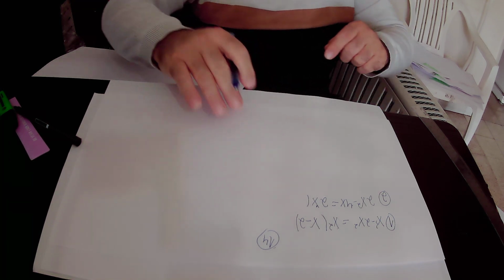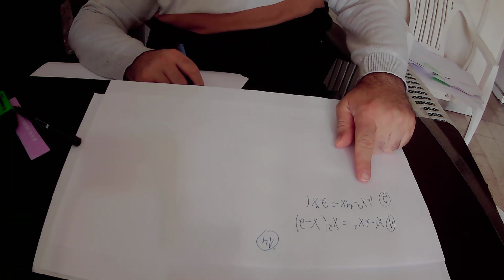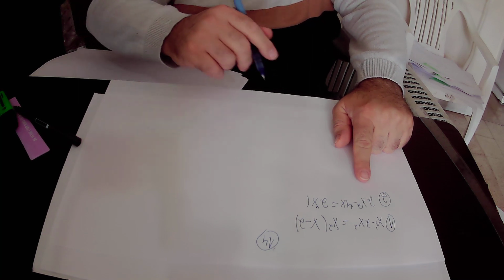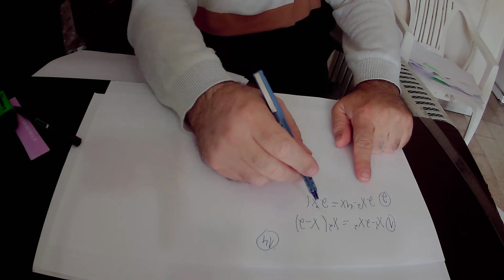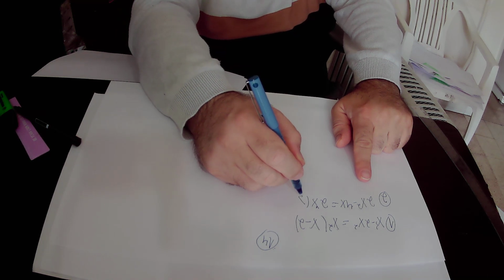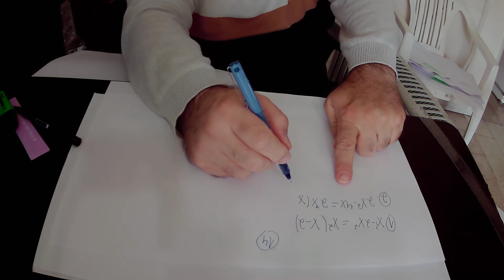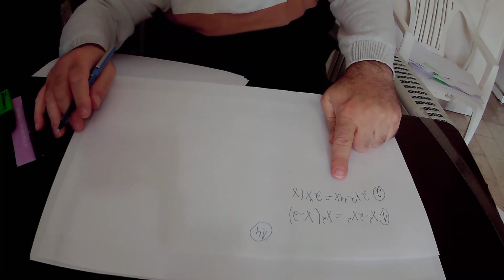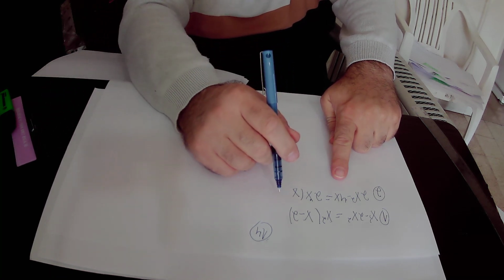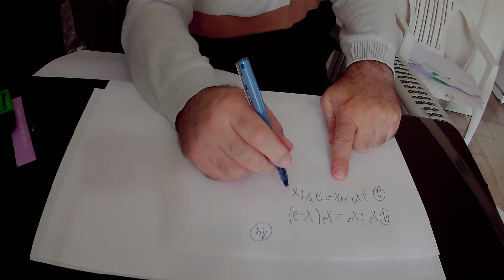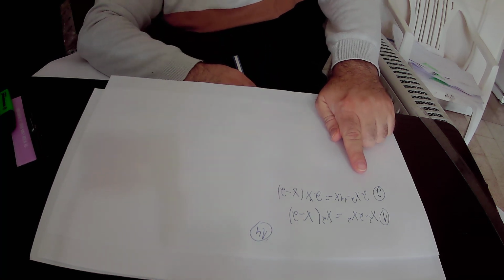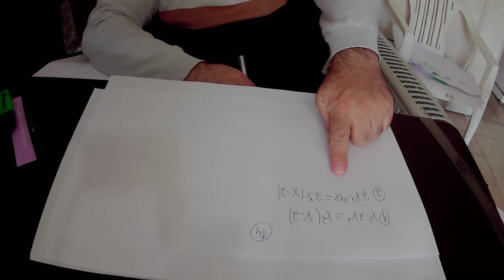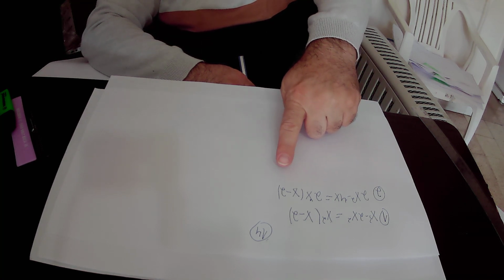So what is left from 2x squared after we took a common factor 2x? It is actually x. And what is left from minus 4x? It is actually minus 2. So we found out that 2x squared minus 4x equals 2x times x minus 2.